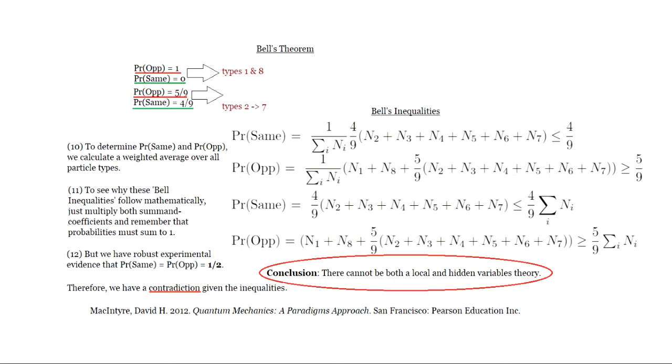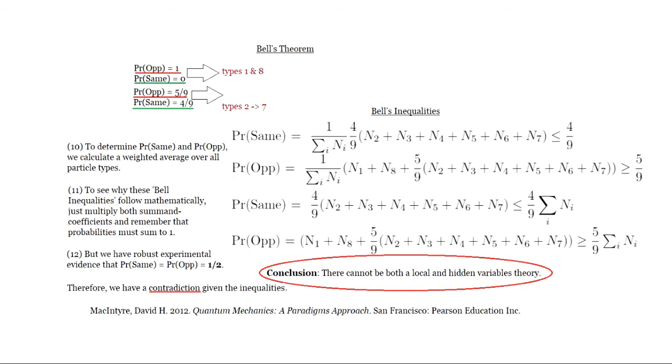So in order for us to determine the probability of same and the probability of opposite for all of the different experimental types, we have to calculate what's called a weighted average over all particle types. So what's going on here? Well, have a look at the following, what are called Bell inequalities.